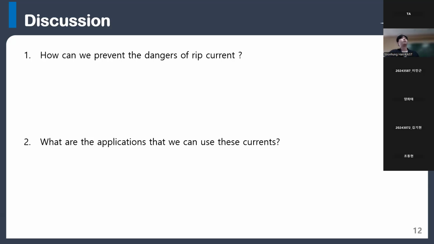Maybe you could use it to optimize, like if you wanted to send out a small vessel that's not powered, really quickly, maybe you could utilize it. The current is also a very fast way, so we can use it to optimize the movement of vessels.